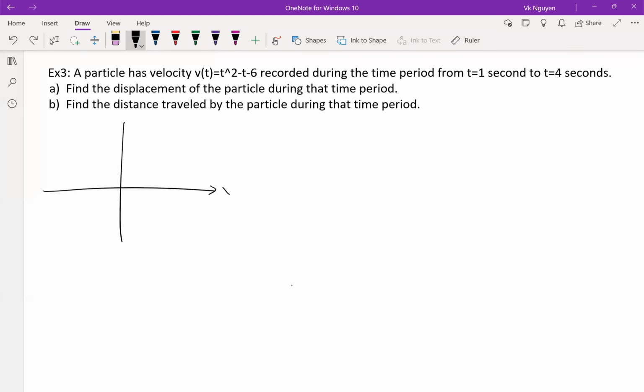We have t and v(t). Okay, v(t) is a parabola, t squared minus t minus 6, meaning that we can factor this to be (t minus 3)(t plus 2).